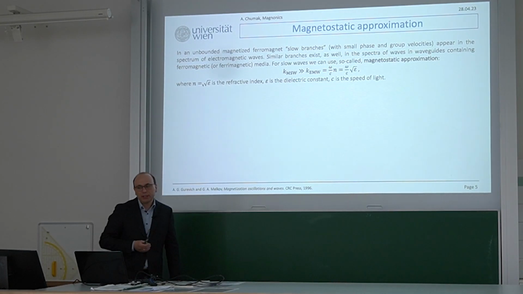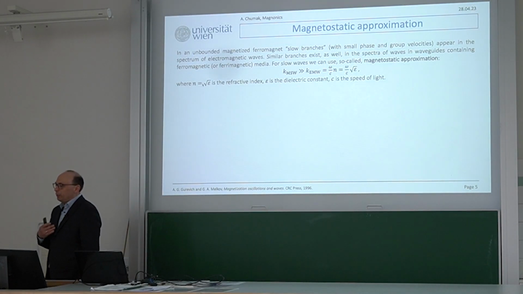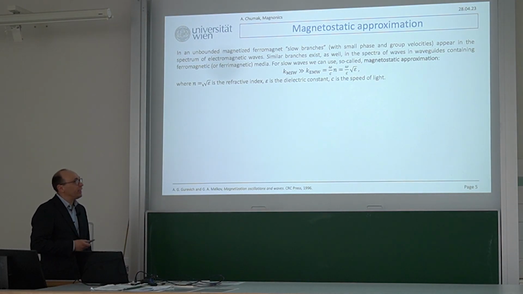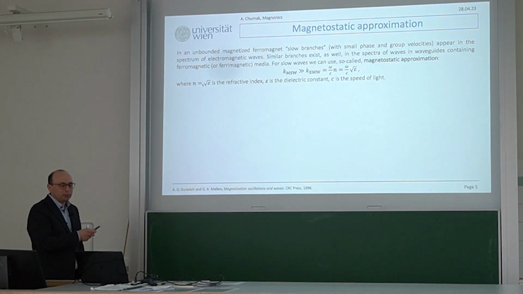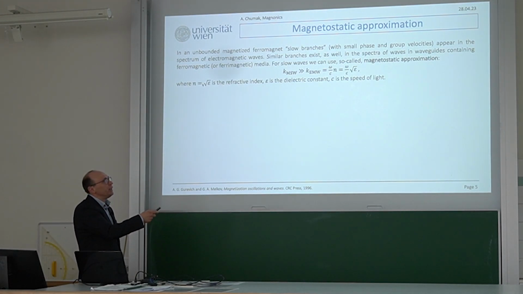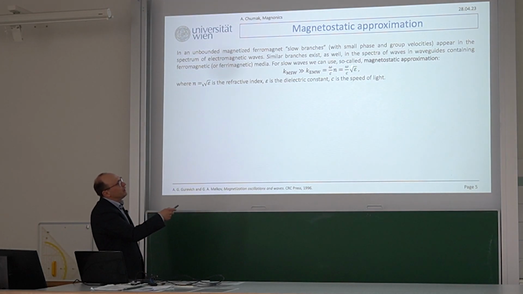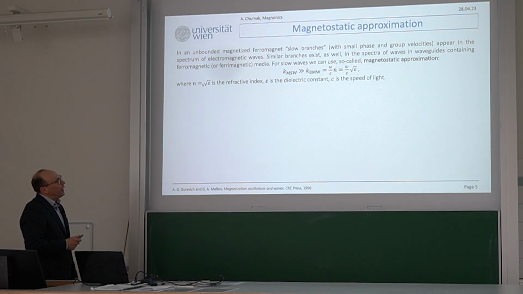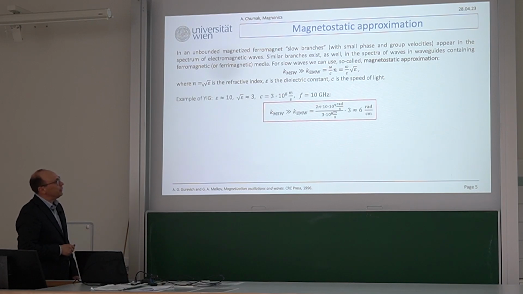It cannot be very large, but when you speak about electromagnetic waves in some special ceramics, it's not transparent, but electromagnetic wave propagates, and this n can be much larger. Then we usually operate with the so-called dielectric constant epsilon, and n is simply the square root of epsilon. So this is our magnetostatic approximation.